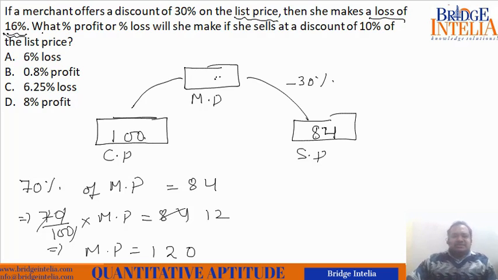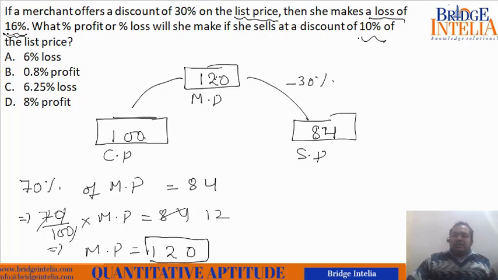Question is, what percentage profit or loss will she make if she sells at a discount of 10% of the list price? Now the discount offered was 30%, but what if the discount offered is only 10%? So we have figured out that an article was bought for 100 and marked for 120.